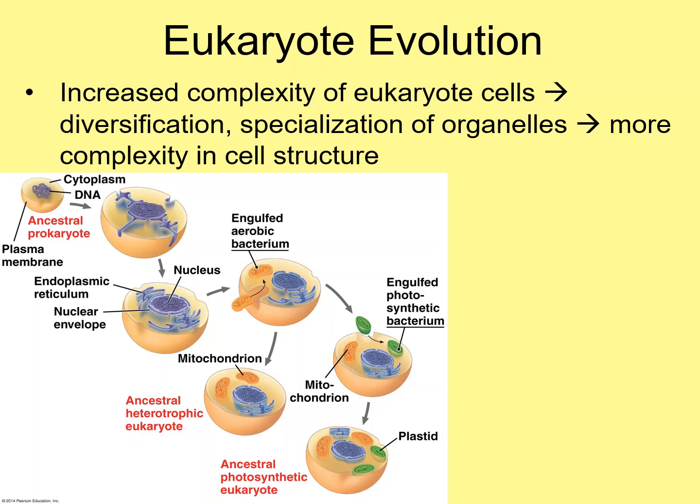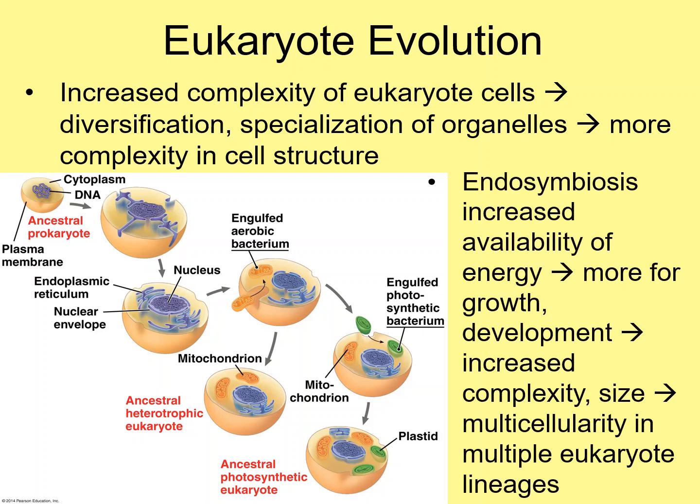So all that extra energy allowed them to, again, become larger, more complicated, and resulted in, eventually, multicellular organisms in multiple eukaryote lineages. So this was a really big breakthrough.